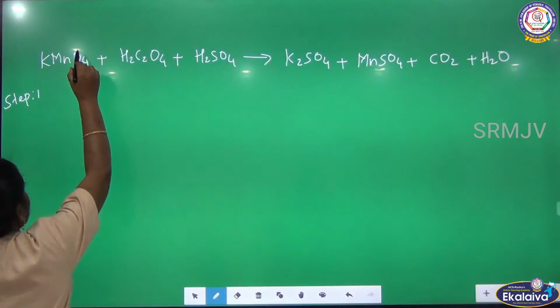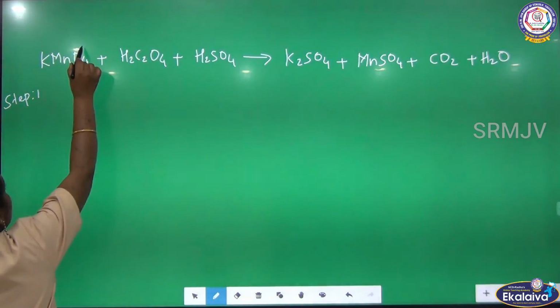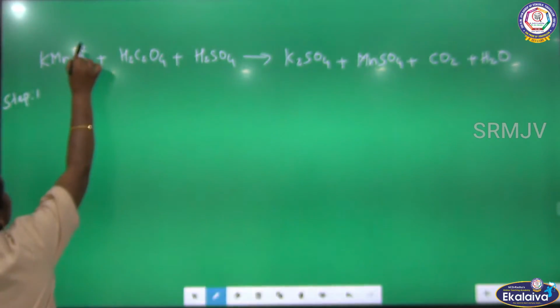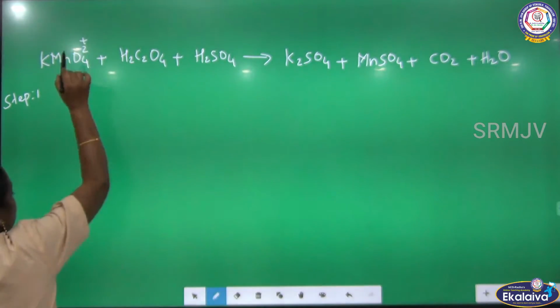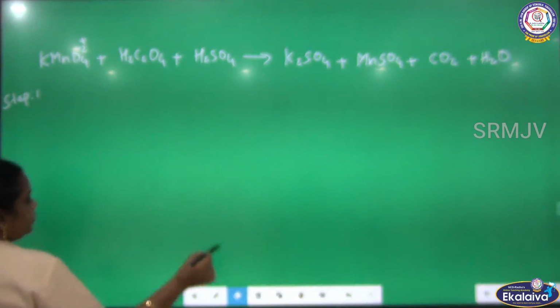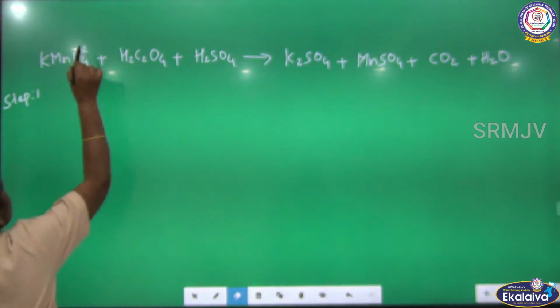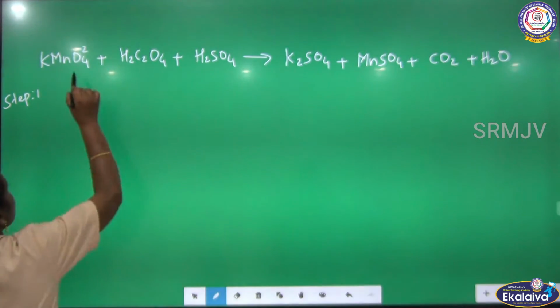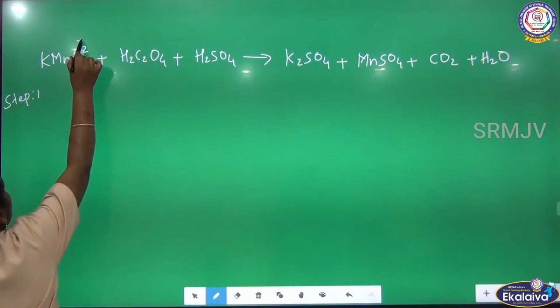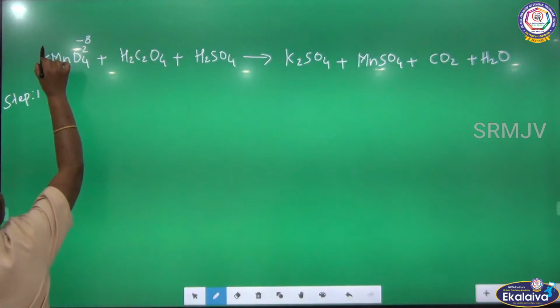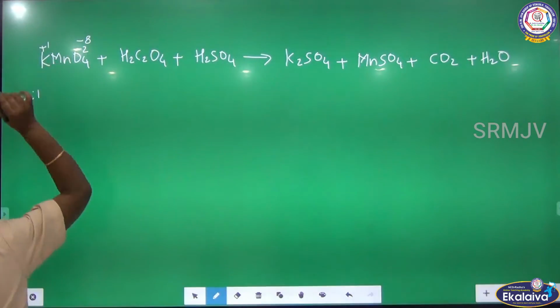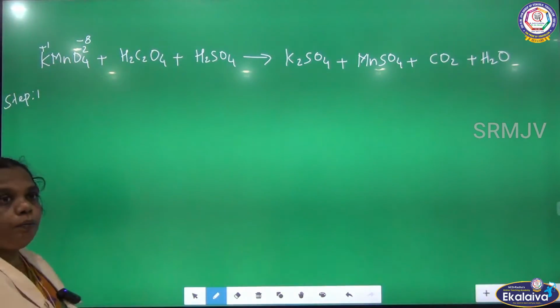So here the oxidation number for oxygen is -2 for this compound. So -2 into 4 is -8, and oxidation state for potassium is +1.